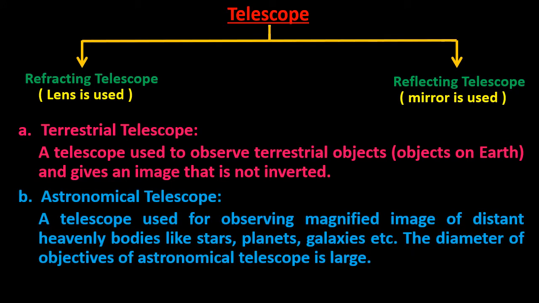And the astronomical telescope is a telescope which is used for observing magnified images of distant heavenly bodies like stars, planets, galaxies, etc. The diameter of objective of astronomical telescope is large. So this astronomical telescope will have larger objectives and it is used for viewing objects which are far away from the earth, for example stars, planets, galaxies, etc.